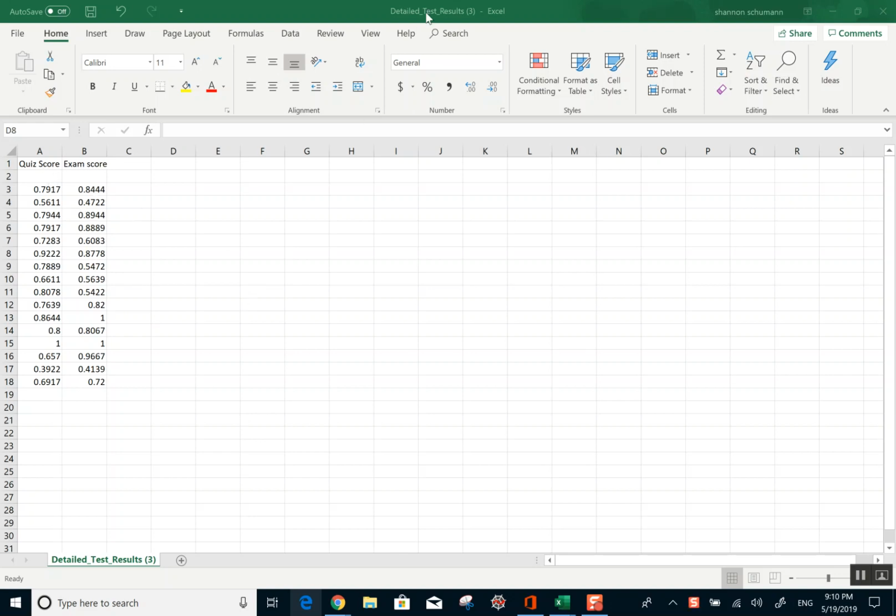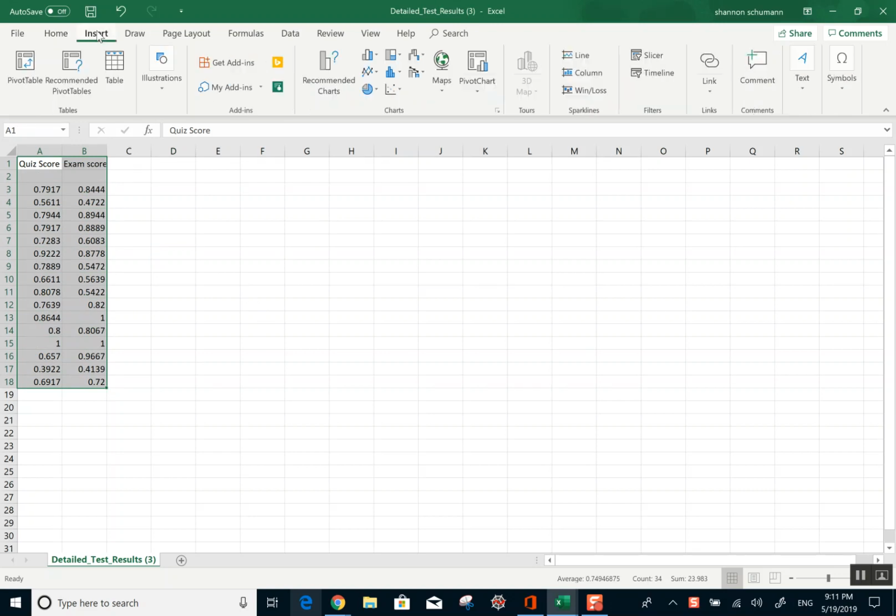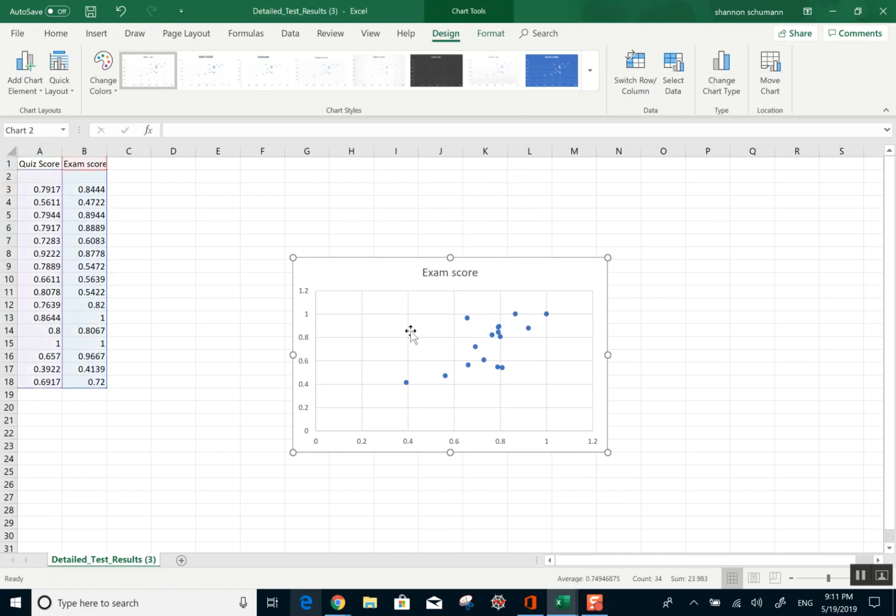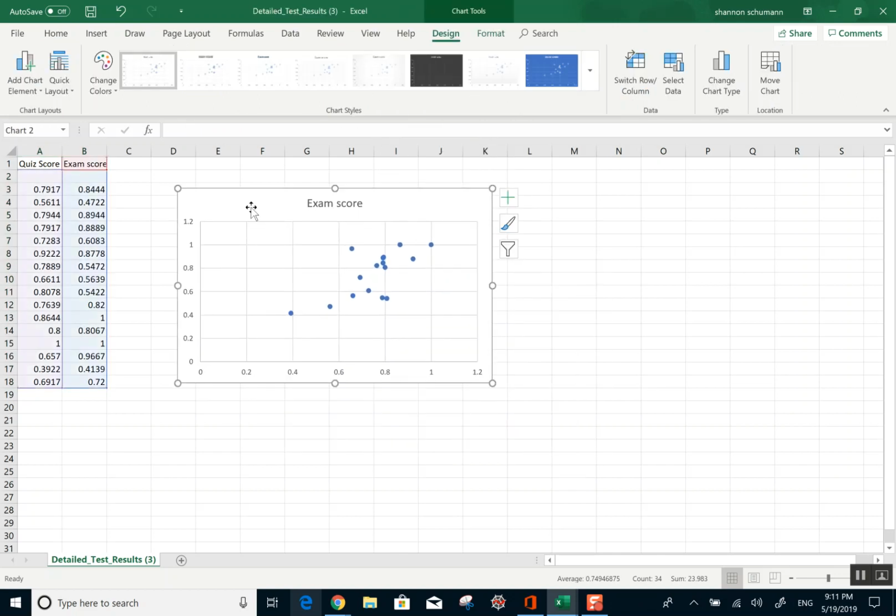So I'm in an Excel spreadsheet right now, and what I'm going to do is highlight all of this data, go to Insert, Charts, and go to these scatter plots down here. Okay, so I have plotted all of this data.